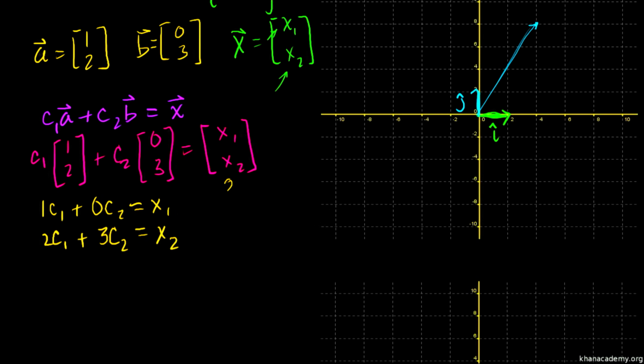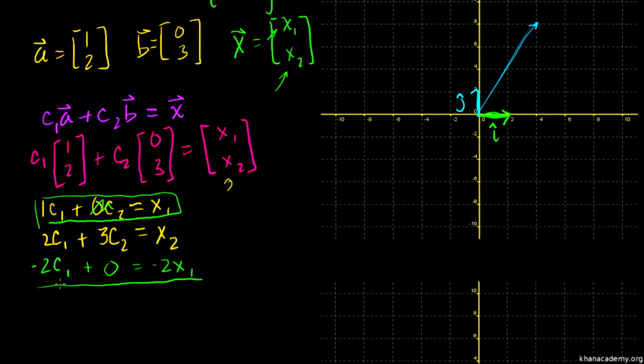This is just a system of two unknowns. This is just 0, we can ignore it. So let's multiply the first equation by -2 and put it here. We get -2C1, I'm just multiplying this times -2. We get a 0 here, plus 0 is equal to -2x1.